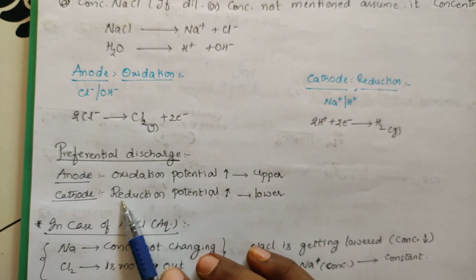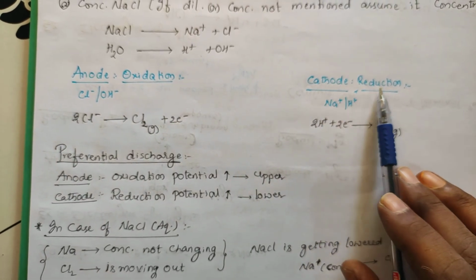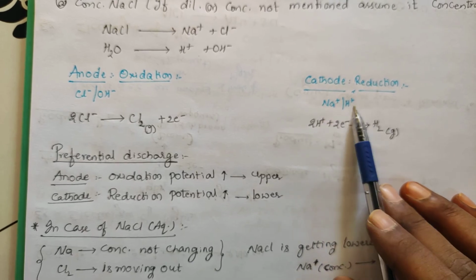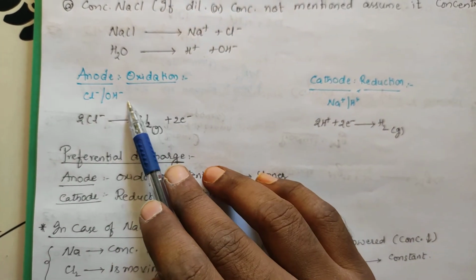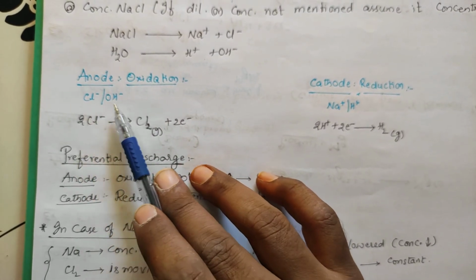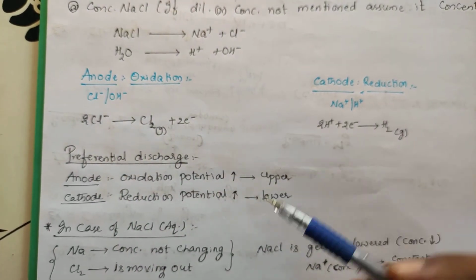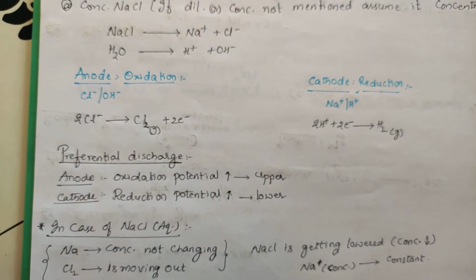Whichever has higher reduction potential will be discharged here, because cathode should undergo reduction. Among these two, whichever has higher reduction potential will be discharged. Here you have two anions. Anion should undergo oxidation, and whichever has the higher potential will be preferentially discharged at this electrode.